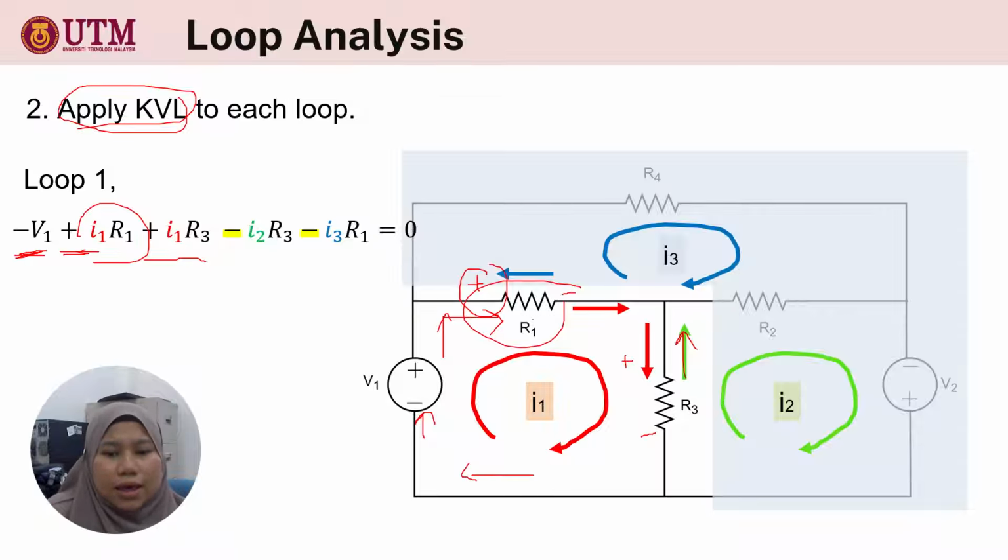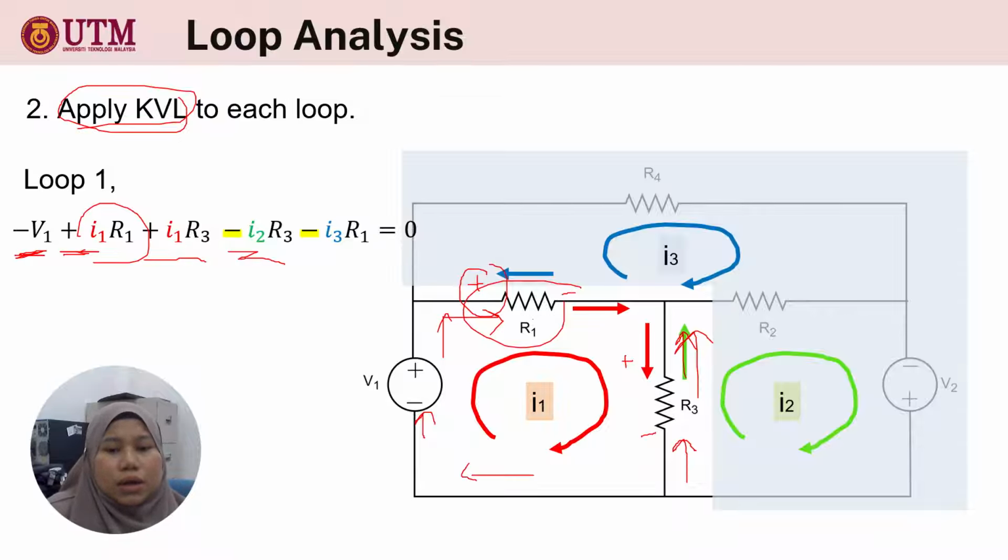As I said just now, in this particular R3 there are two currents flowing through it. I1 is like this, and the reverse direction is I2. I2 is going to the negative terminal of R3, so I2 will be negative: negative I2 times R3. Are you following me now?